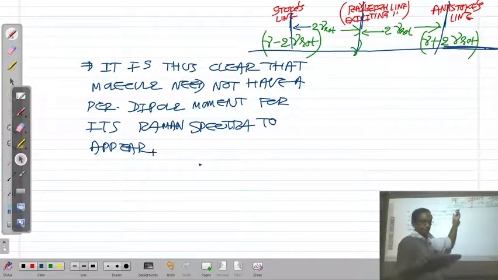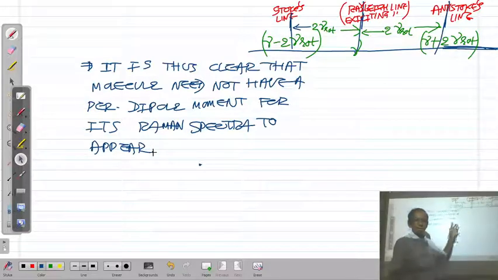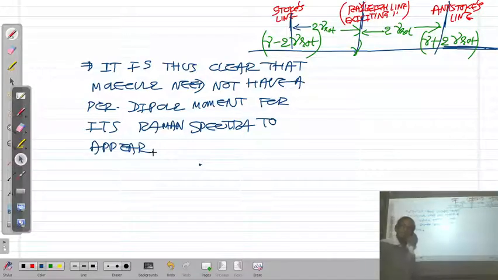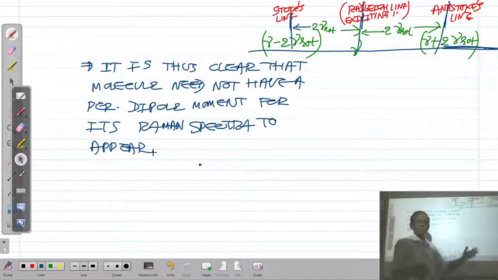That you know very well, in the case of rotational spectra and vibrational spectra, the molecule must have a permanent dipole moment. But for Raman spectra, a molecule need not have a permanent dipole moment for its Raman spectra to appear.